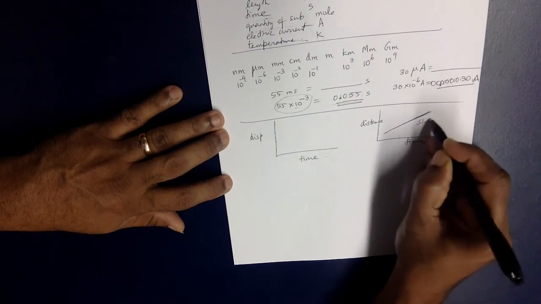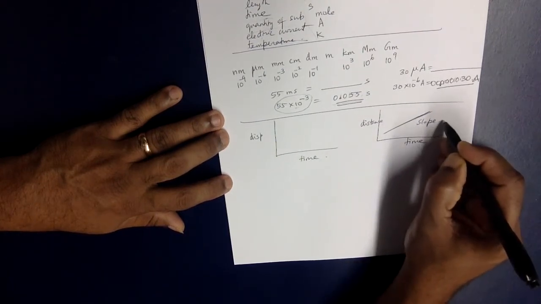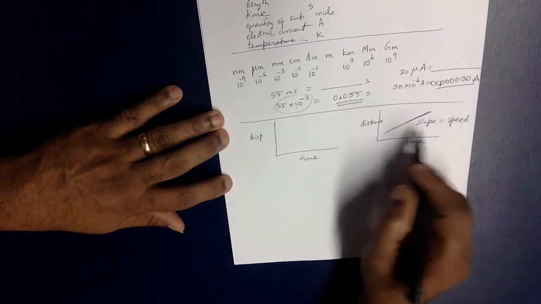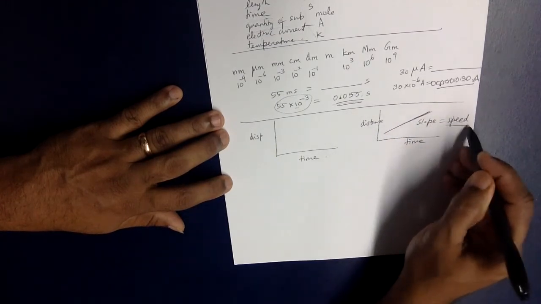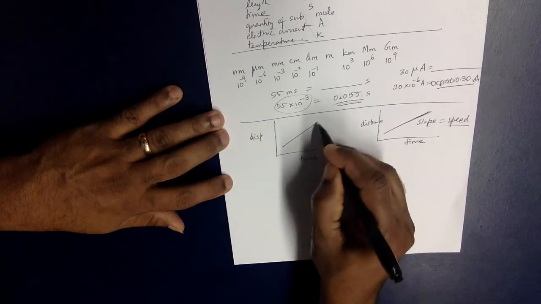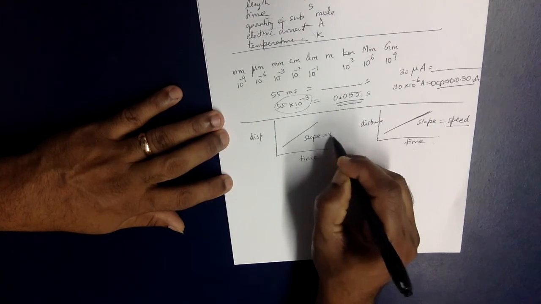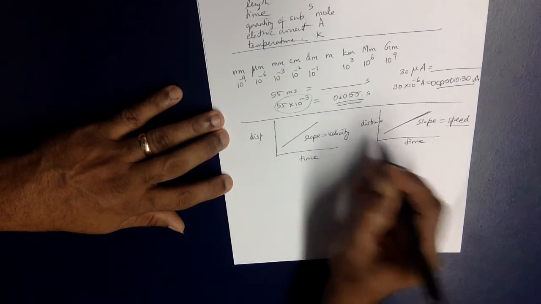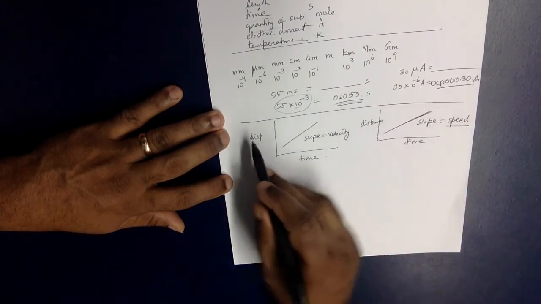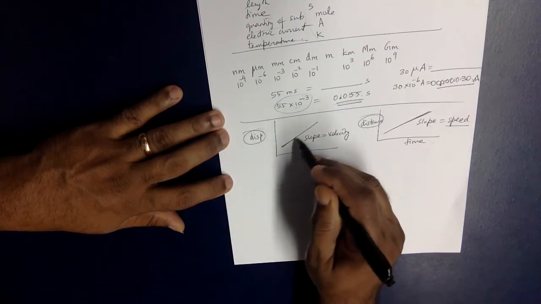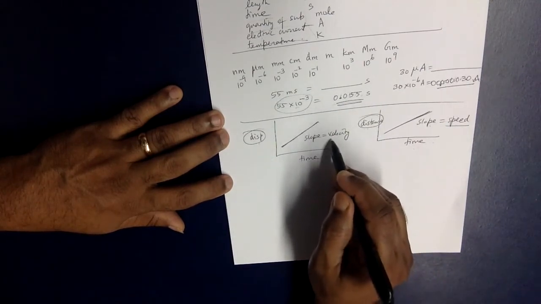So slope of this line gets you speed. So what is the slope of distance time graph? Speed. What's the slope of displacement time graph? Velocity. See, the difference between speed and velocity is the difference between displacement and distance. So slope of this graph is going to be velocity.